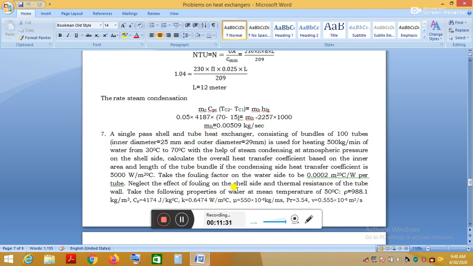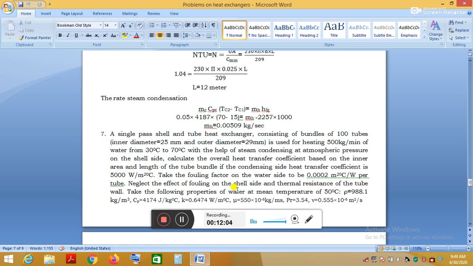The tube is a concentric tube having an inner diameter of 25 mm through which one fluid is flowing, and an outer diameter of 29 mm. The inner tube is 25 mm and the outer tube is 29 mm, and this heat exchanger is used for heating 500 kg per minute of water from 30 degrees Celsius to 70 degrees Celsius.